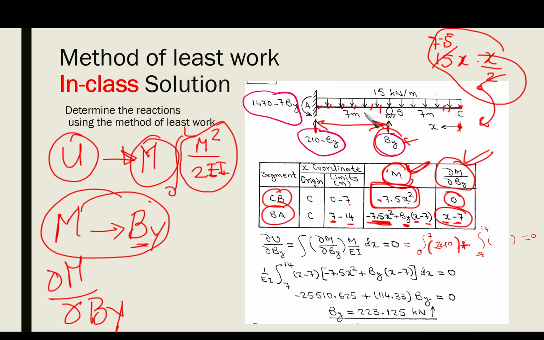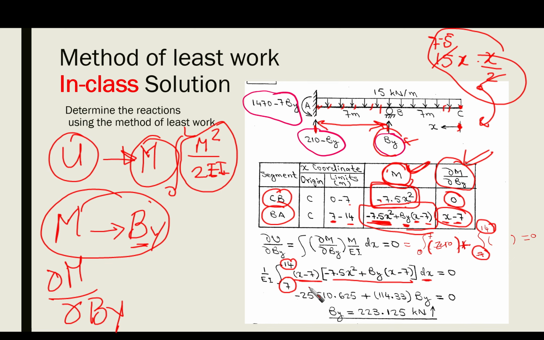The second part is plus the integration from 7 to 14. Then it is going to be x minus 7, which is partial M partial By, times M, which is this expression for M, dx.